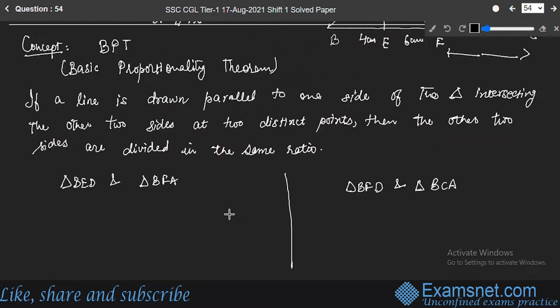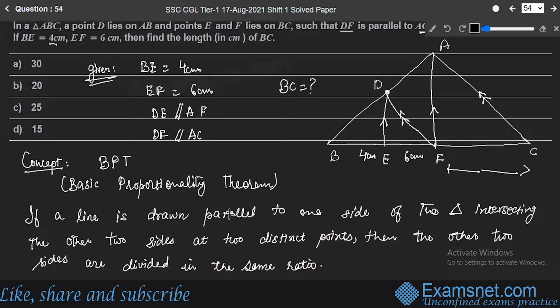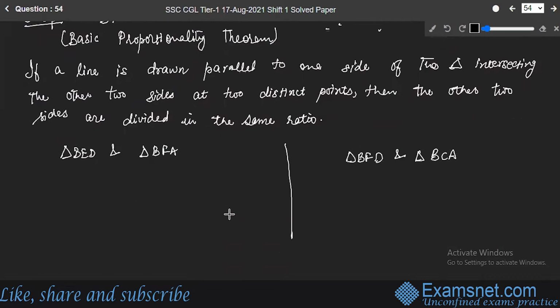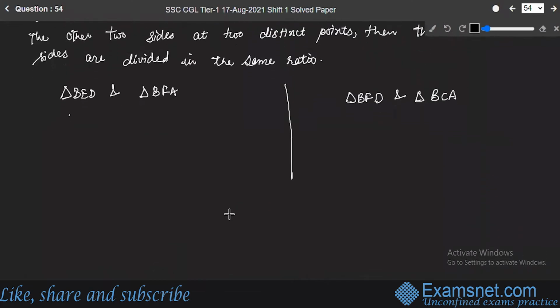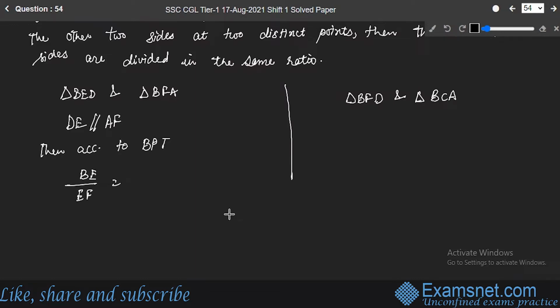So in the triangles BED and BFA, DE is parallel to AF. Then according to the basic proportionality theorem, BE upon EF is equal to BD upon DA.